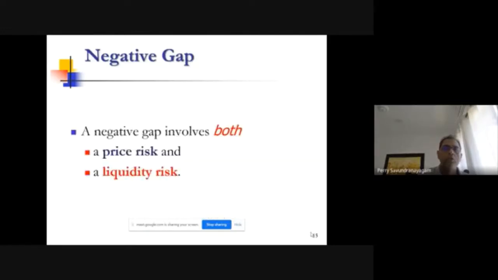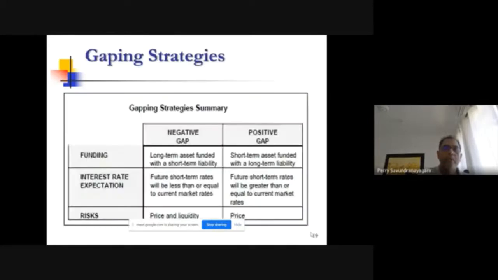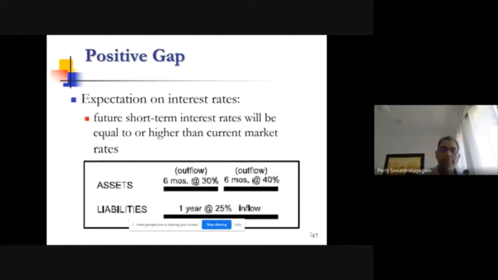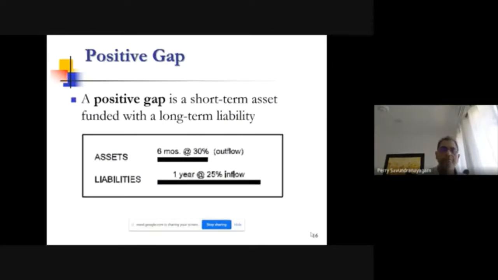Okay. So finally, we spoke about interest rates. In terms of gapping strategies and interest rates, what's a positive gap? That's a very simple one. I put it on the screen also. What does a positive gap mean?